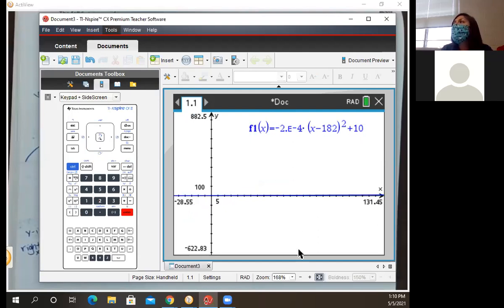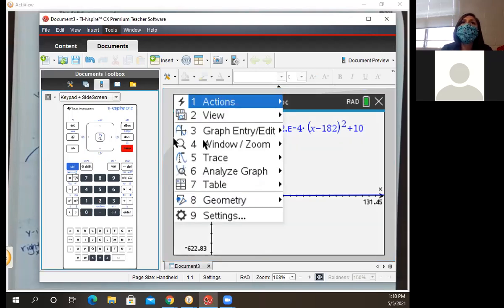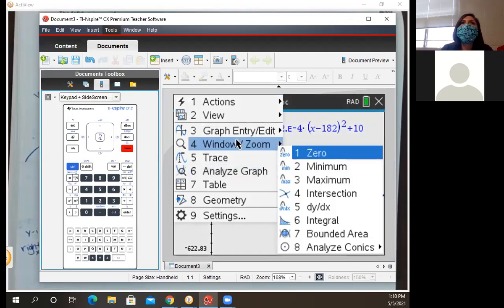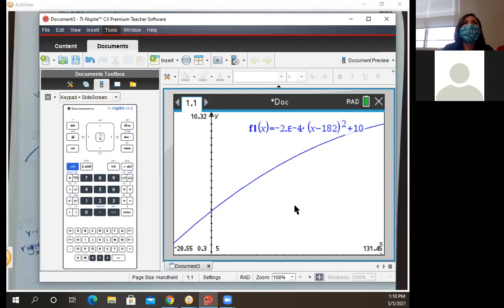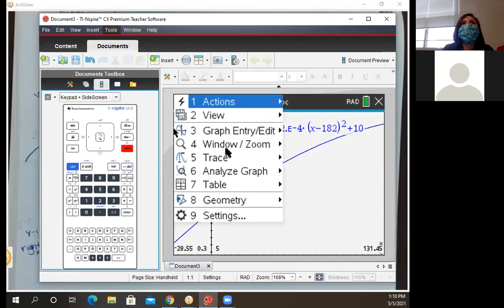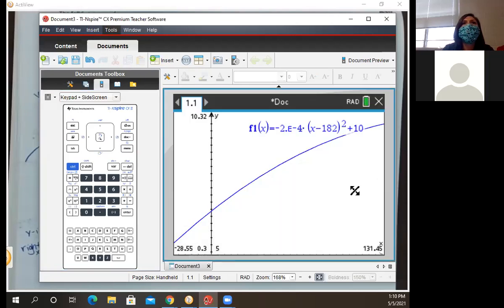That's okay. Okay, I'll take a look in just a second. Okay, now this graph that I have here is adjusted to best fit the last function. I want it to best fit this function. So I'm going to hit menu, zoom, fit, and then I'm going to zoom out a little bit.